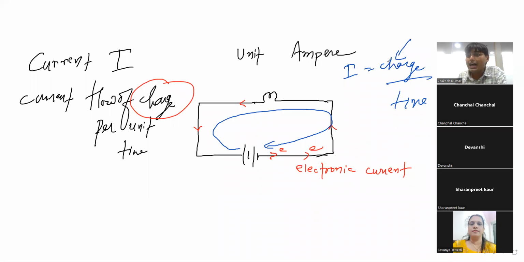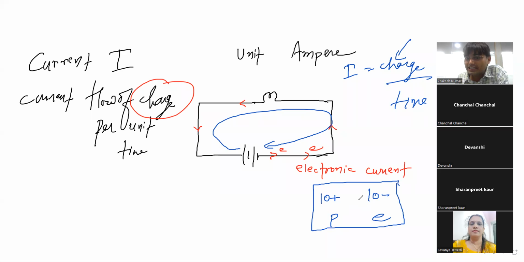So I'm telling you what exactly is happening. Suppose there are 10 positive charges, that is protons, and 10 negative charges, that is electrons.